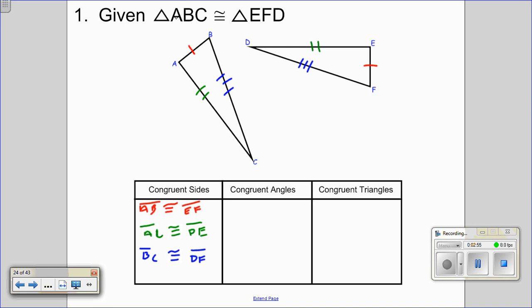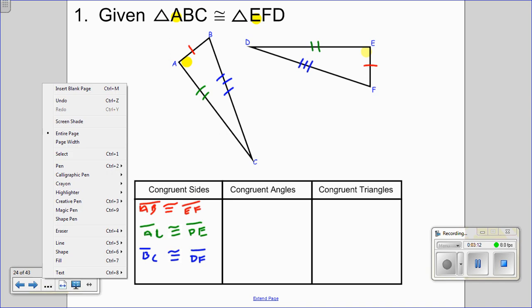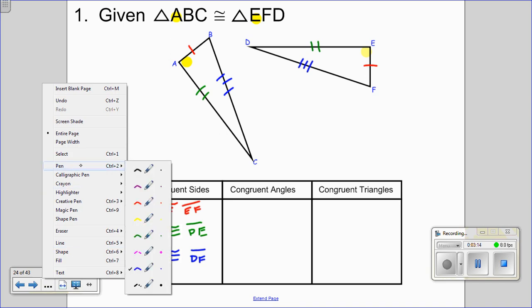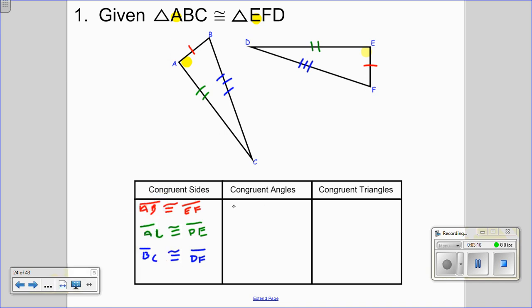So since A comes first in ABC and E comes first in EFD, those two angles are congruent. Even though it might be hard to see from the picture, it's about the order that they're labeled in or given. So that means angle A is congruent to angle E.